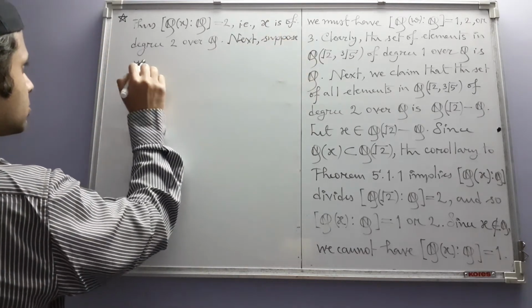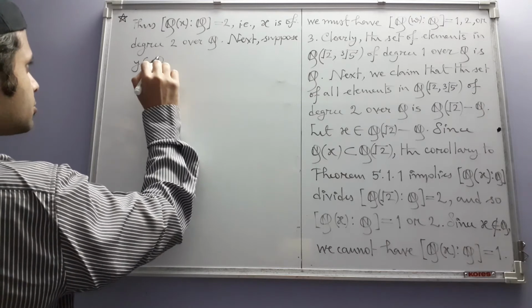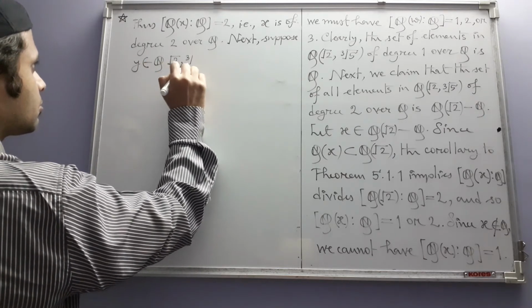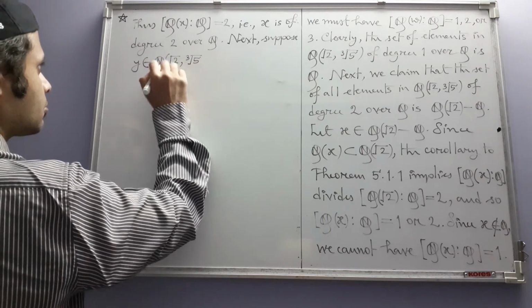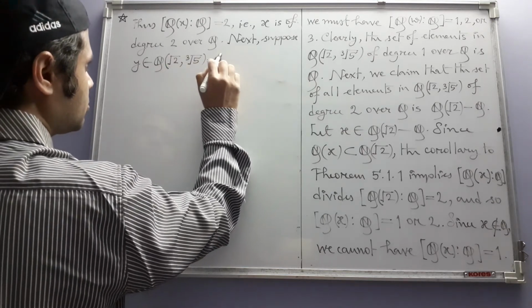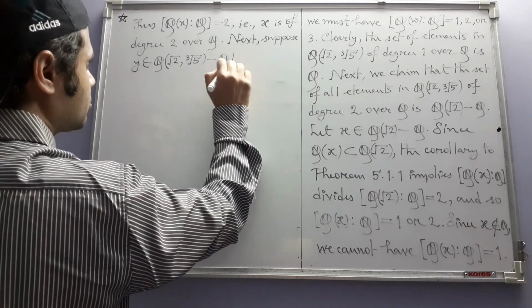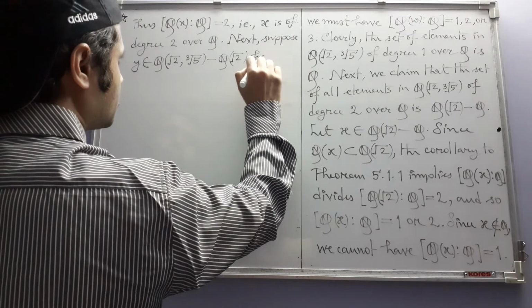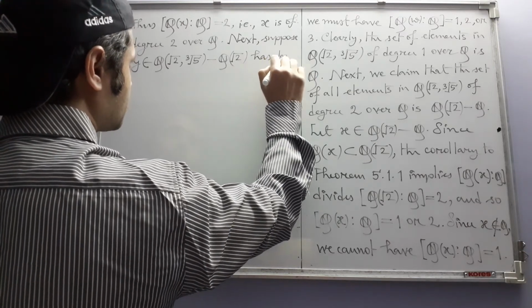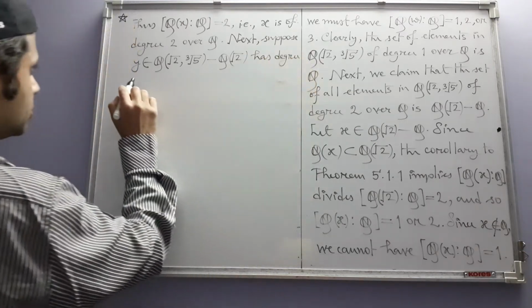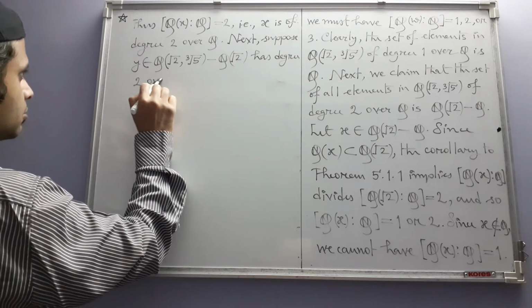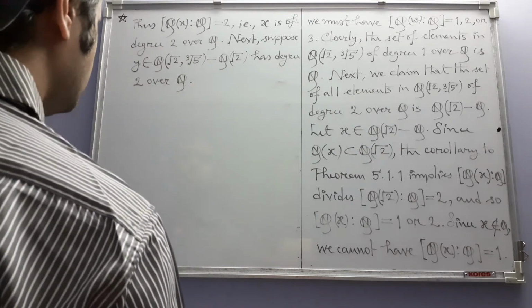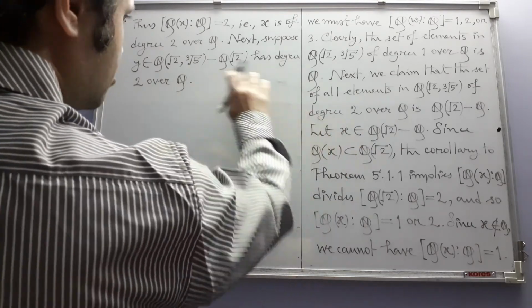Next, suppose y belongs to the field and has degree 2 over Q. So that means we are now outside of this.